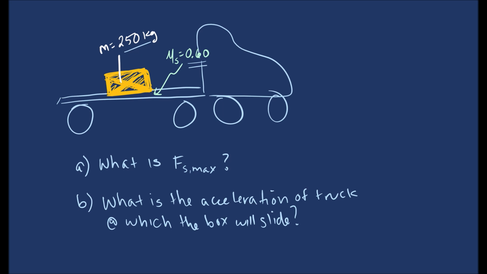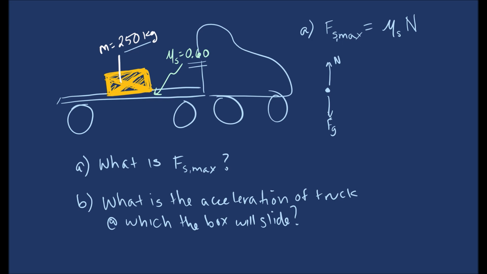Okay, so for A, this is a simple plug in the numbers and solve type problem. We know that the maximum force of static friction is going to equal the coefficient of static friction times the normal force. Well, the normal force here, we have the force of gravity acting downward, and we're assuming this is a horizontal truck bed.